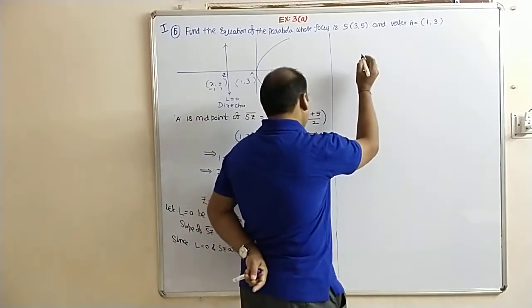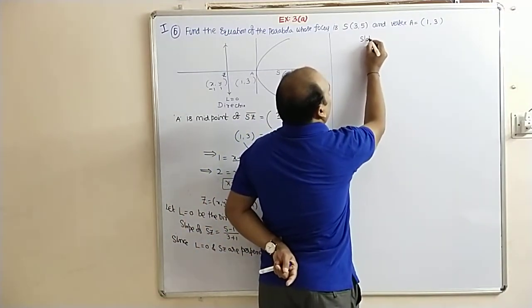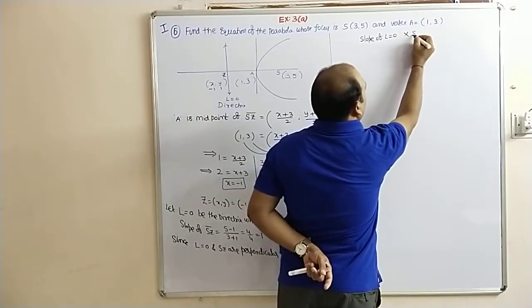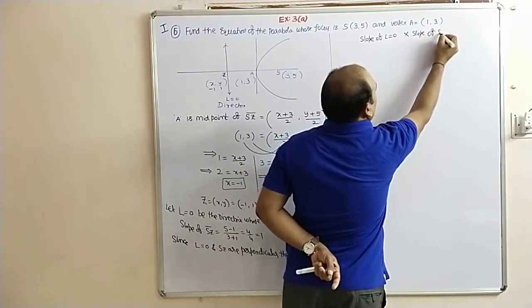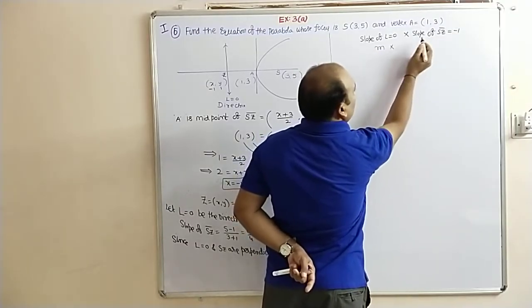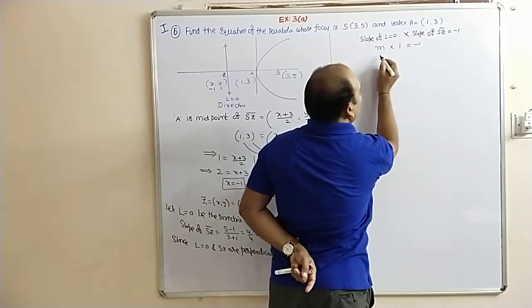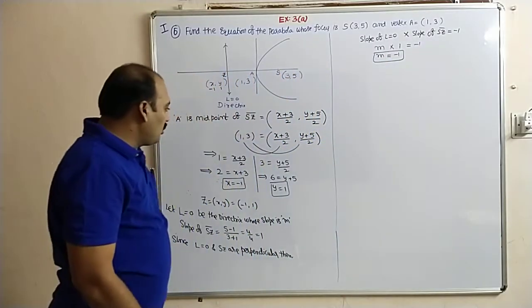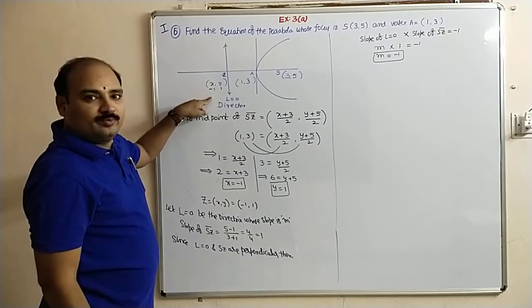Then slope of L equal to 0 into slope of SZ equals minus 1. Slope of L equal to 0 is m, into slope of SZ is 1, equal to minus 1. So m equal to minus 1. M is equal to what? Slope of L equal to 0.